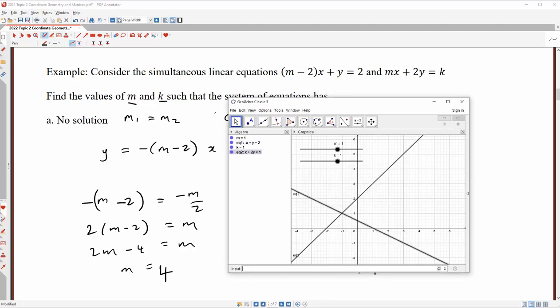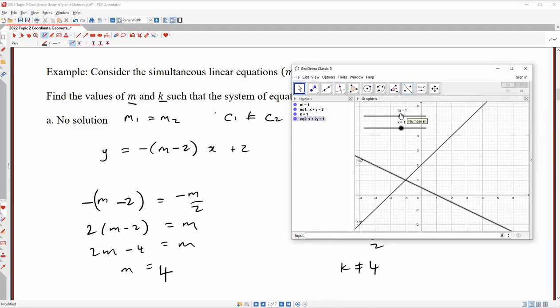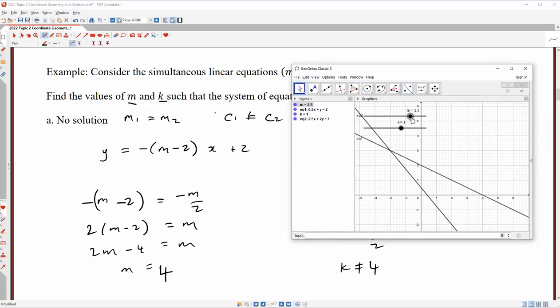Now I'm going to set m to 4. And we can see here that when m is equal to 4, the lines are parallel, i.e. there's no solution.